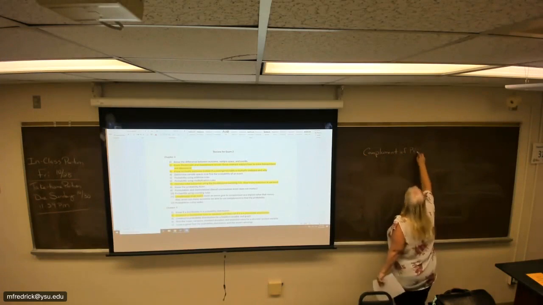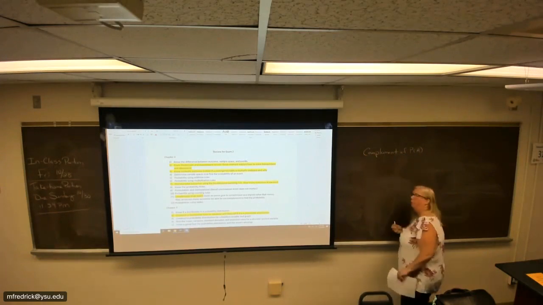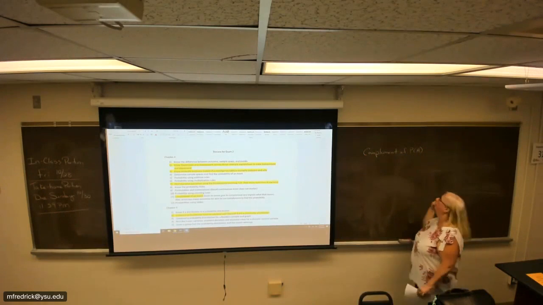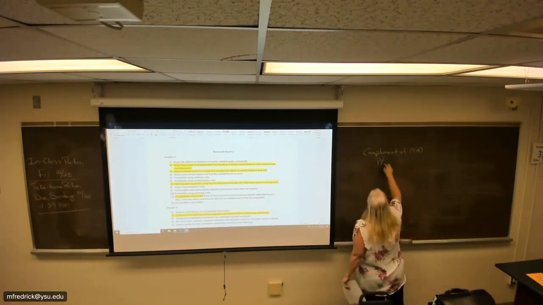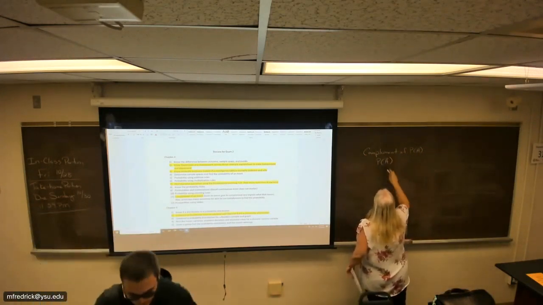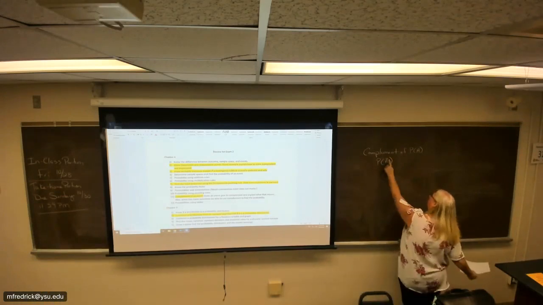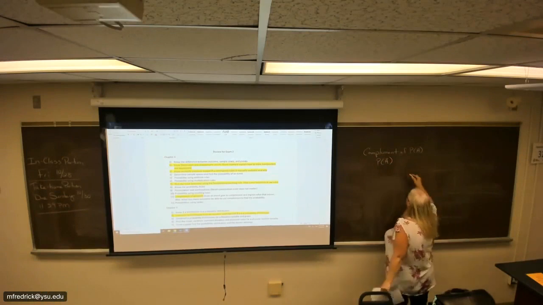Such as probability. If we're finding the complement of the probability of A, some books use a line over it, some use the C, but this would be A's complement.